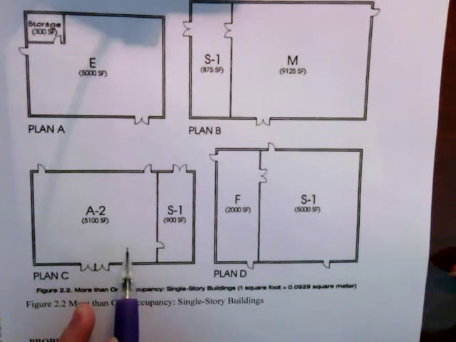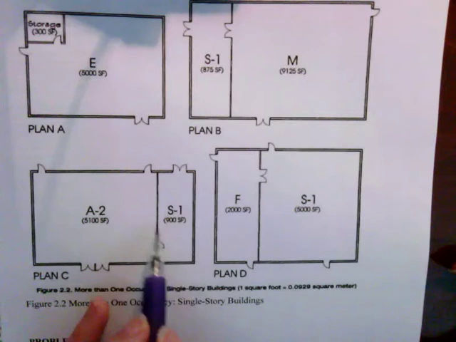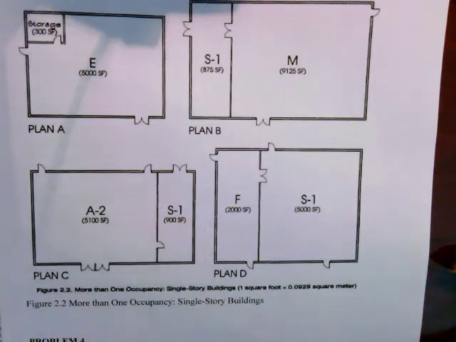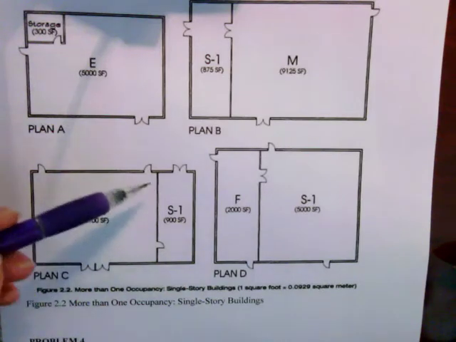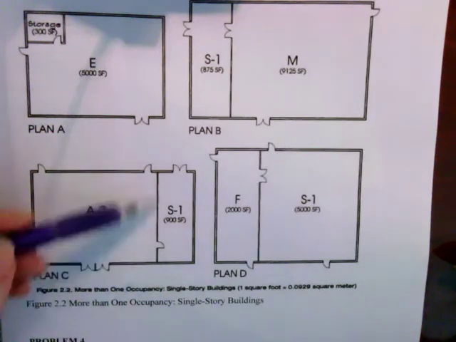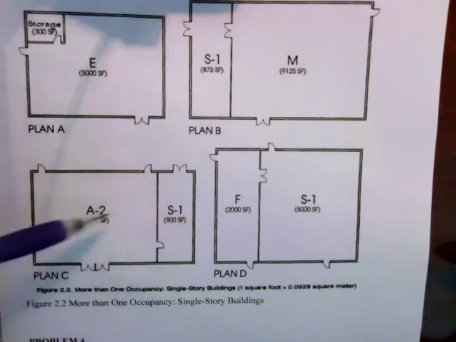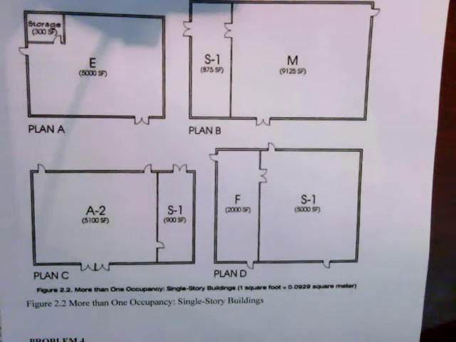To be considered an accessory use, the storage area would have to be 10% of 6,000 or 600 square feet. This is bigger. So instead it would be considered a separate occupancy from the A2. That means we would end up having to have probably some type of separation between the two, and they would have to be on their own identity.